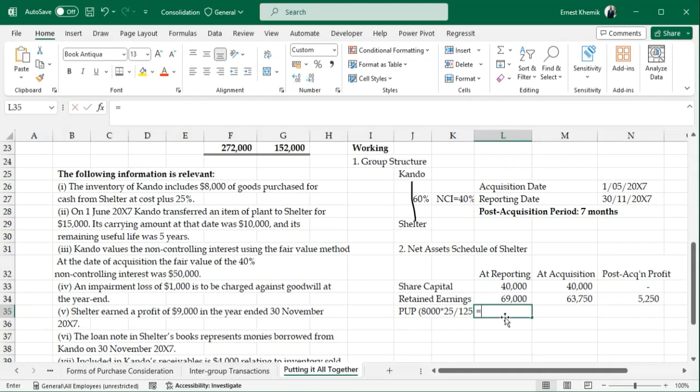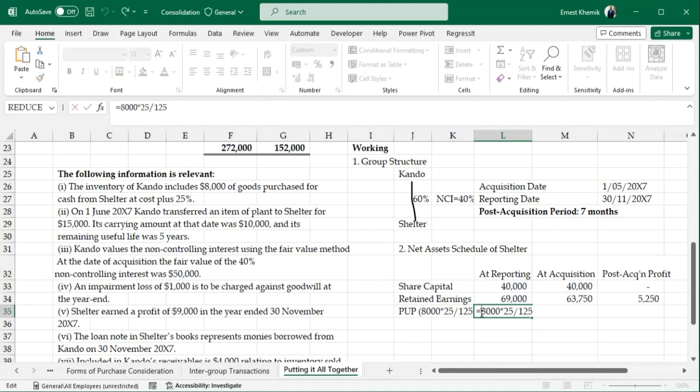So we have equals 8,000 times 25 on 125. So we have 1,600 here, and this is an adjustment on our profit. This is an excess profit, so I can put it as a minus there.